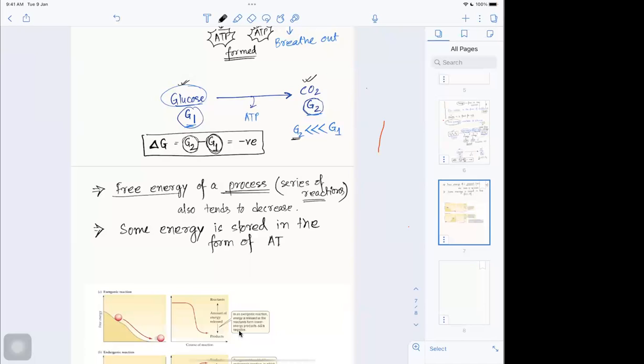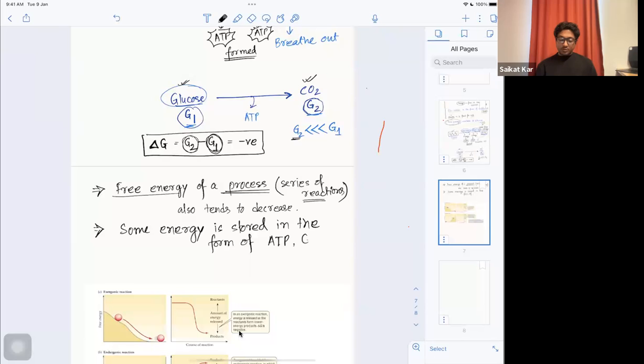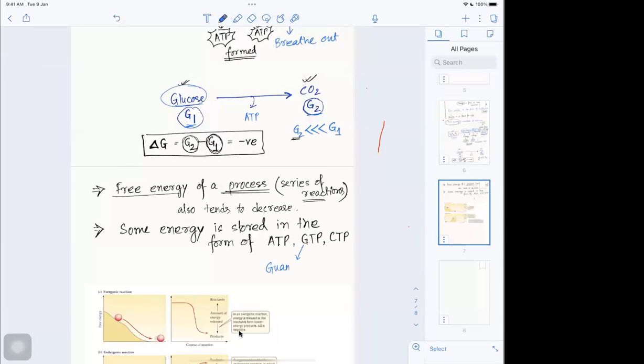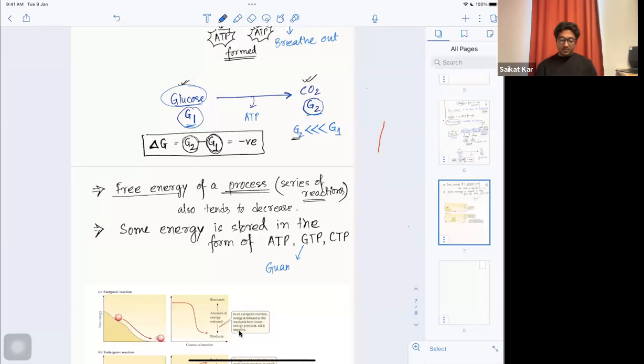Sir, what is GTP? GTP means guanosine triphosphate. There are CTP as well, cytidine triphosphate. Sir, can you obtain energy from GTP and CTP, can it be utilized by the cell? Yes. So there are many reactions.